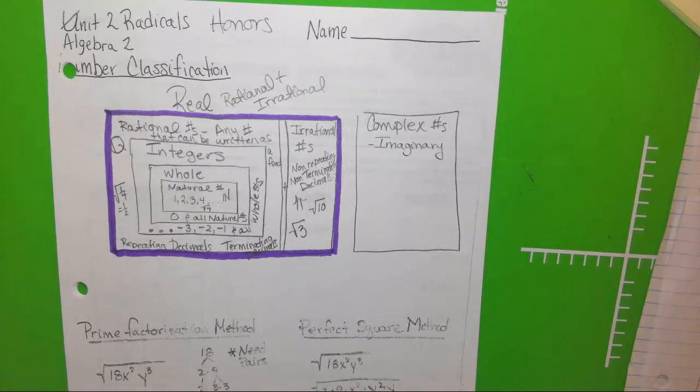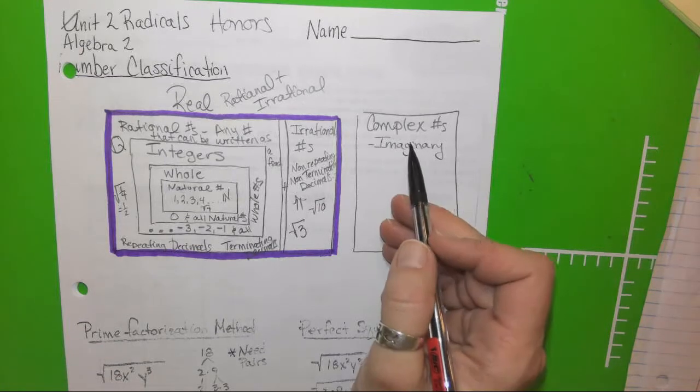Now, I want you to think back to quadratics, where you did parabolas, you had x squared, you had the quadratic formula. Where did we come up with no real solution? That was our answer. When did we answer that? No real solution. What do you think? Yes.